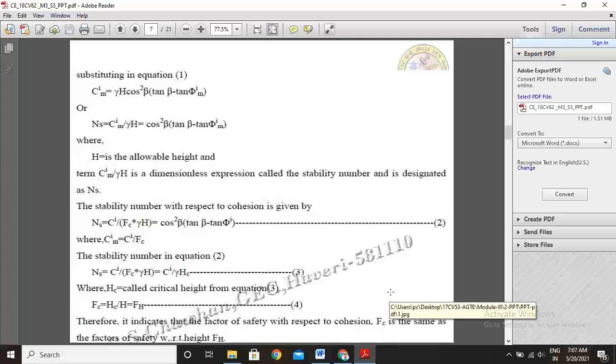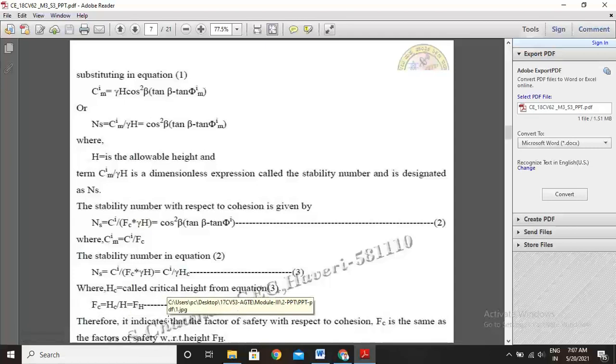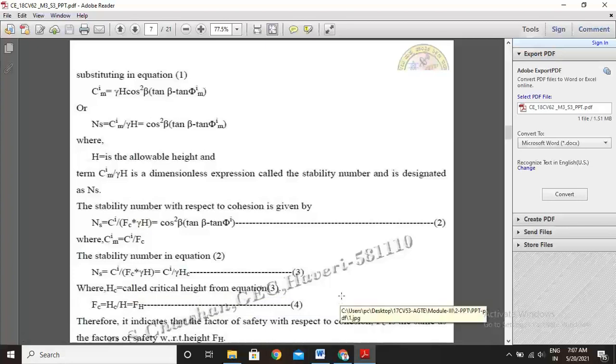Then the factor of safety with respect to cohesion, we write hc by h, which is nothing but Fh. This is equation 4. So we are denoting it as Fh, factor of safety with respect to height. Therefore, it indicates that the factor of safety with respect to cohesion, Fc, is the same as the factor of safety with respect to height, Fh.